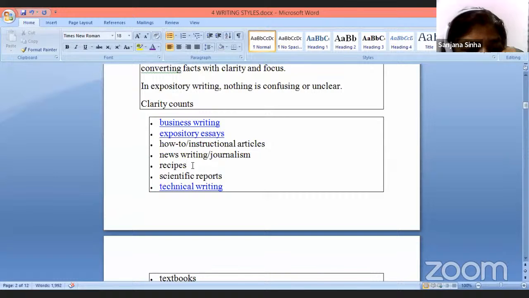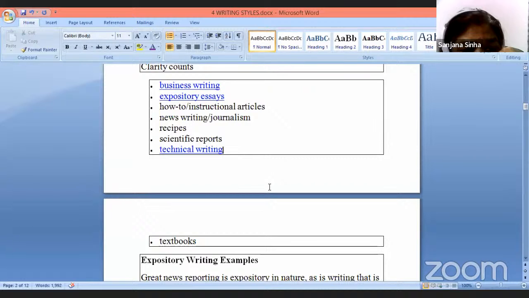Recipes, scientific reports, or technical writing. Textbooks, any textbook which you have, all textbooks are examples of expository writing.